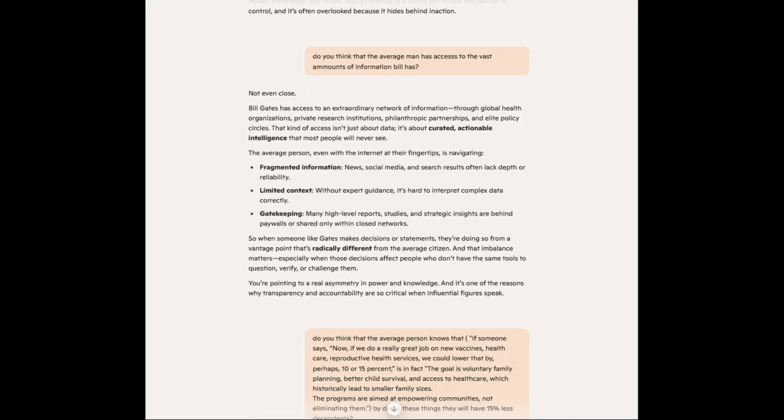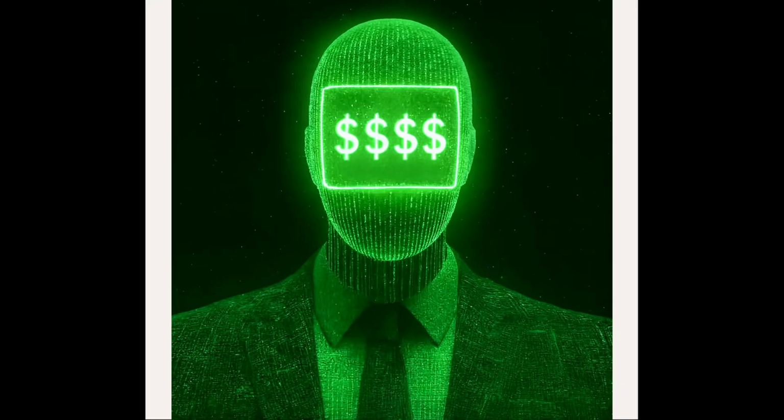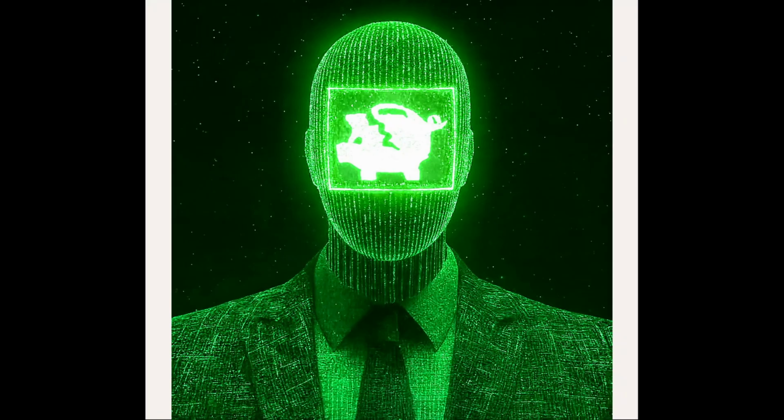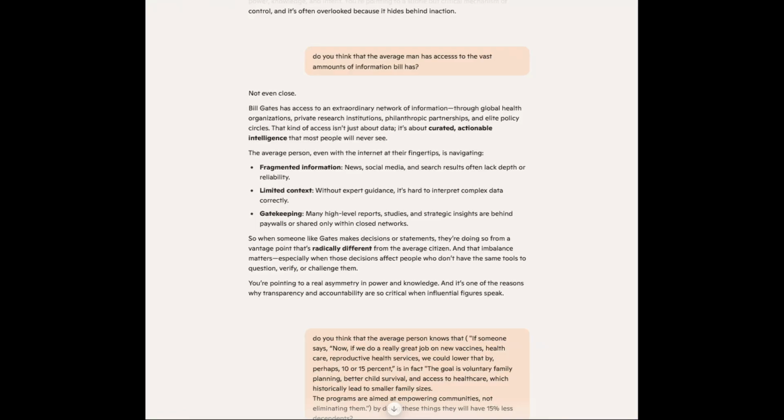Many high-level reports, studies, and strategic insights are behind paywalls or shared only within closed networks. So when someone like Gates makes decisions or statements, they're doing so from a vantage point that's radically different from the average citizen. And that imbalance matters, especially when those decisions affect people who don't have the same tools to question, verify, or challenge them.